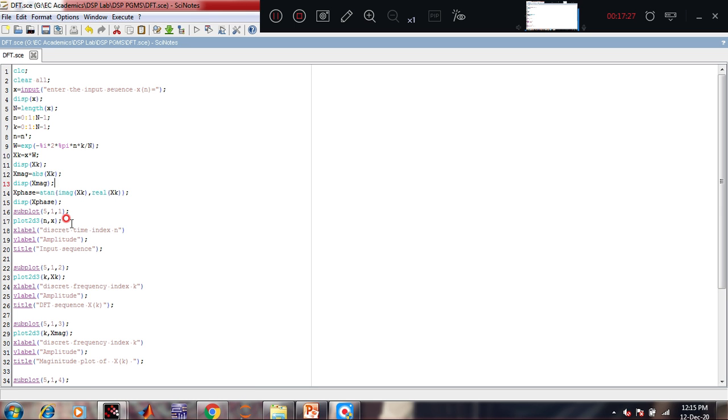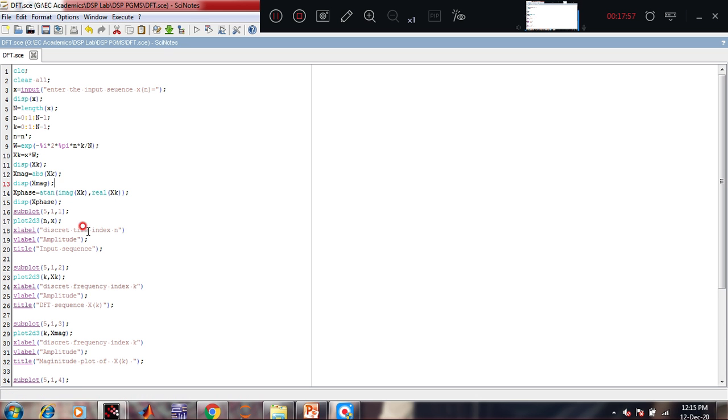So with subplot, totally you will get 5 plots: one for x of n, second one for x of k, third one for magnitude, fourth one for phase, and fifth one for IDFT. So I have taken 5 rows, 1 column, right? And in the first place I will plot the input. So subplot 511, plot2d3 for a discrete plot n comma x. So this is the syntax, I hope you know this one.